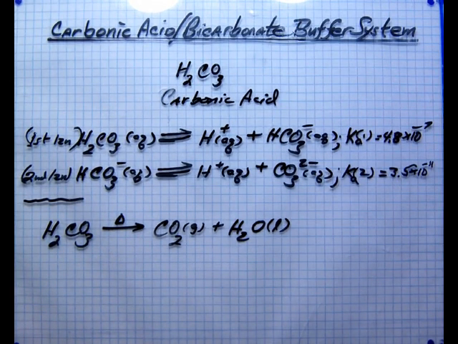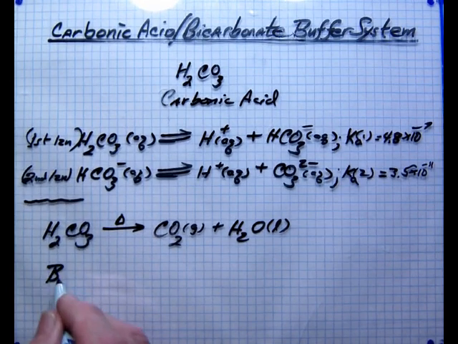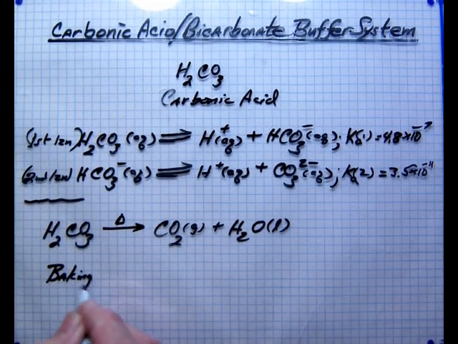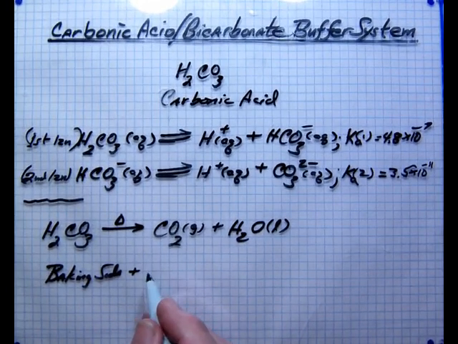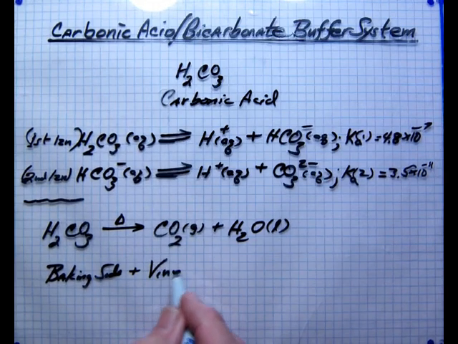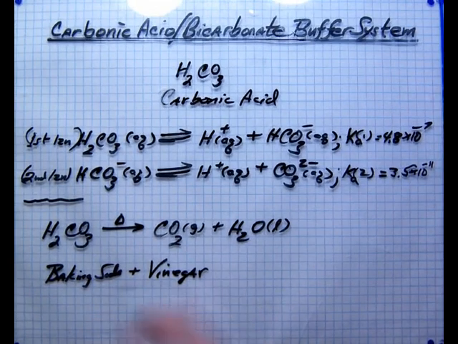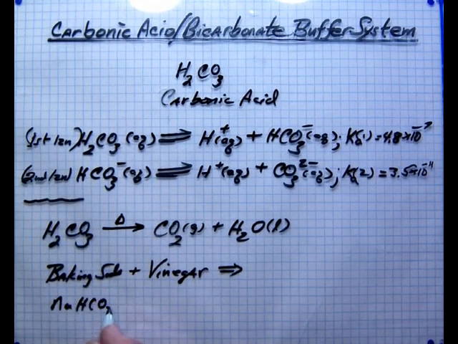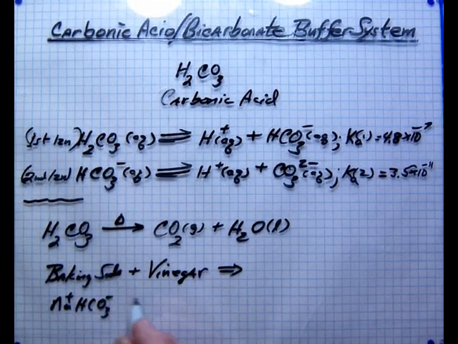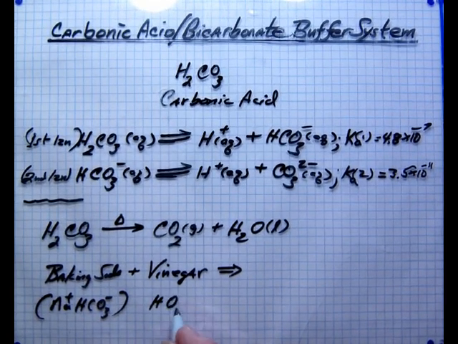You can observe this by taking something like baking soda plus some vinegar, and add these two together, and what you're doing is putting sodium bicarbonate, the baking soda, in with acetic acid.